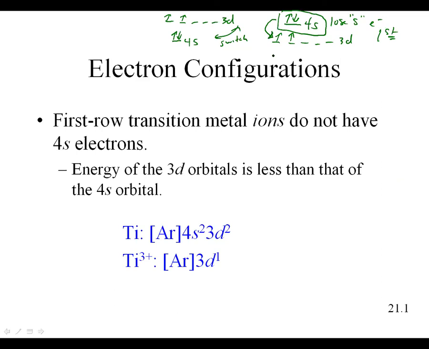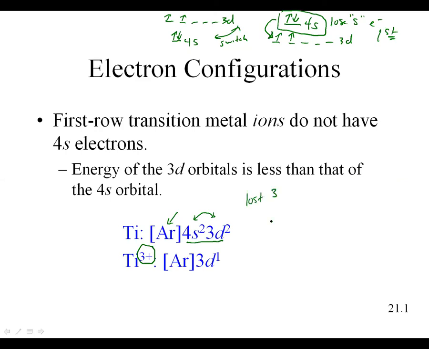So if we look at Ti, here's the electron configuration. This again is the noble gas configuration. Even though this is the correct order, these orbitals switch in terms of energy. So when it goes to a +3 charge, it has lost 3 electrons.